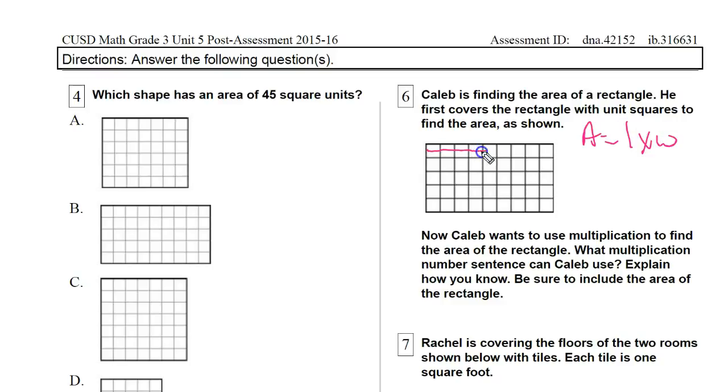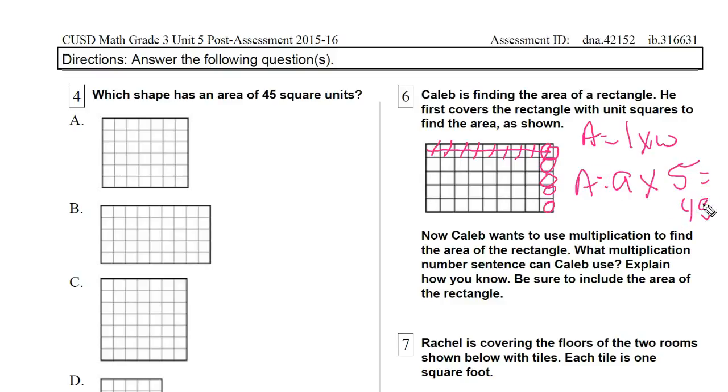Well, what's the length of this? Let's count them. 1, 2, 3, 4, 5, 6, 7, 8, 9. Times, well, 1, 2, 3, 4, 5. There's my multiplication sentence right there. Area equals 9 times 5, which is 45.